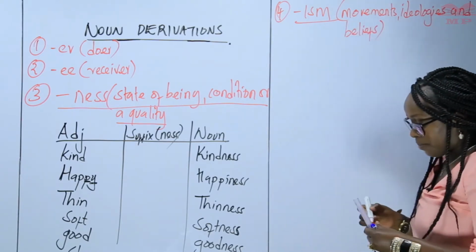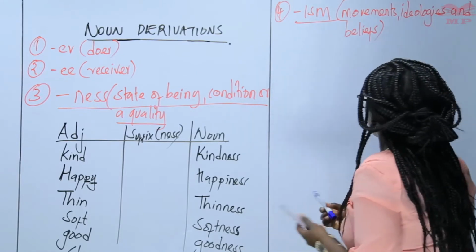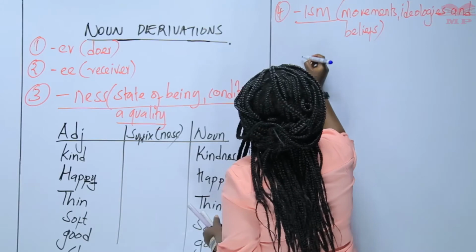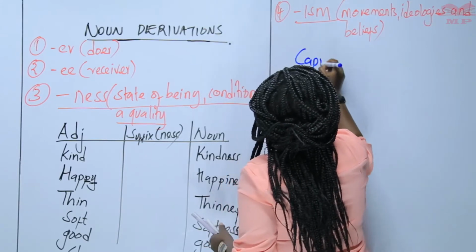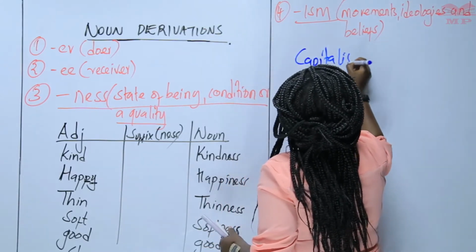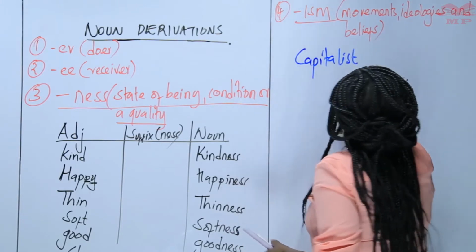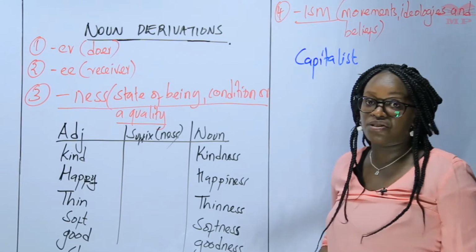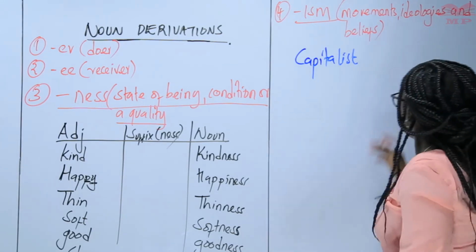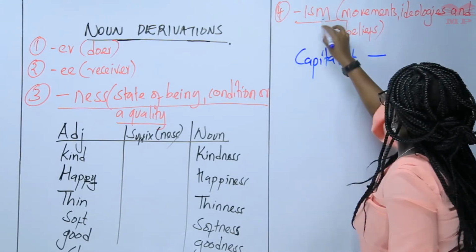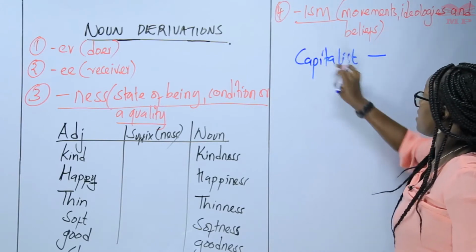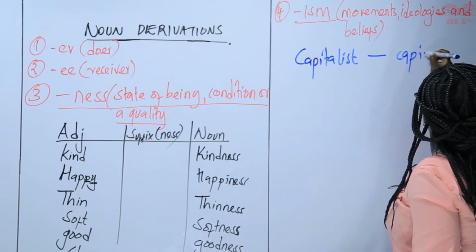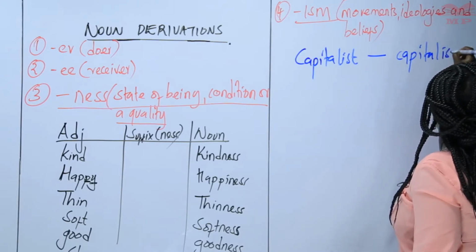For example, I'm going to give my first example. When you look at a word like capitalist, when we say that a country is a capitalist country, when we add this suffix to this word, we have a new word, which is capitalism.